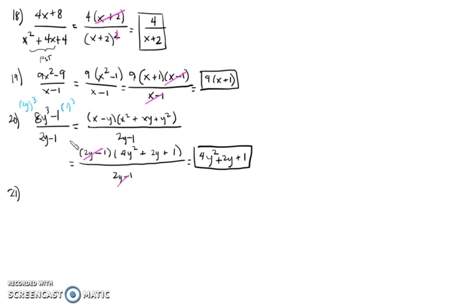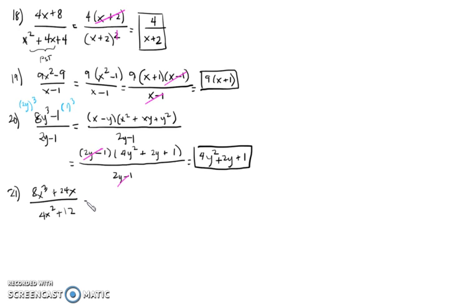Number 21. I have here (8x cubed plus 24x) all over (4x squared plus 12). Since I have here 8x cubed, I will not think of it again as a sum of two cubes because 24x cannot be rewritten in the form of cubes.